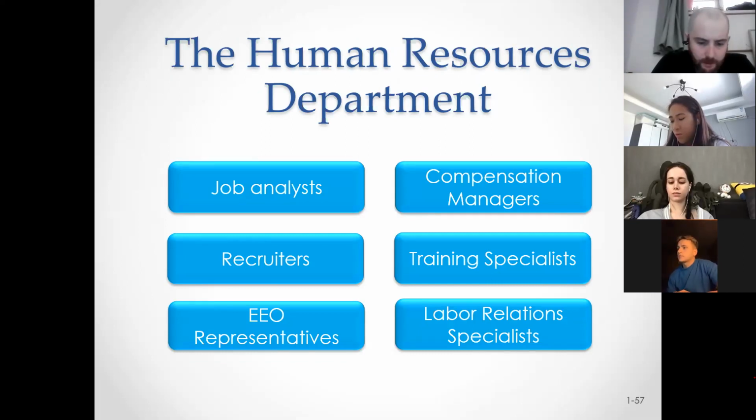You might have recruiters, and their job is just like a headhunter, just to find new people. You might have a compensation manager. Their job is just to deal with payment. You might have a labor relations specialist. Their job is just to deal with unions. An EEO representative, we'll learn EEO later, but that's equal employment opportunity. And that has to do with government rules and regulations, what we'll talk about next class.